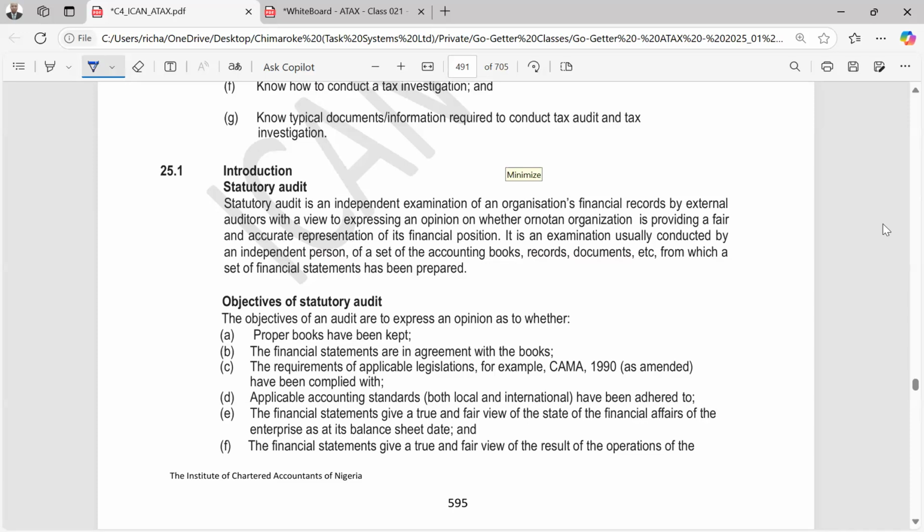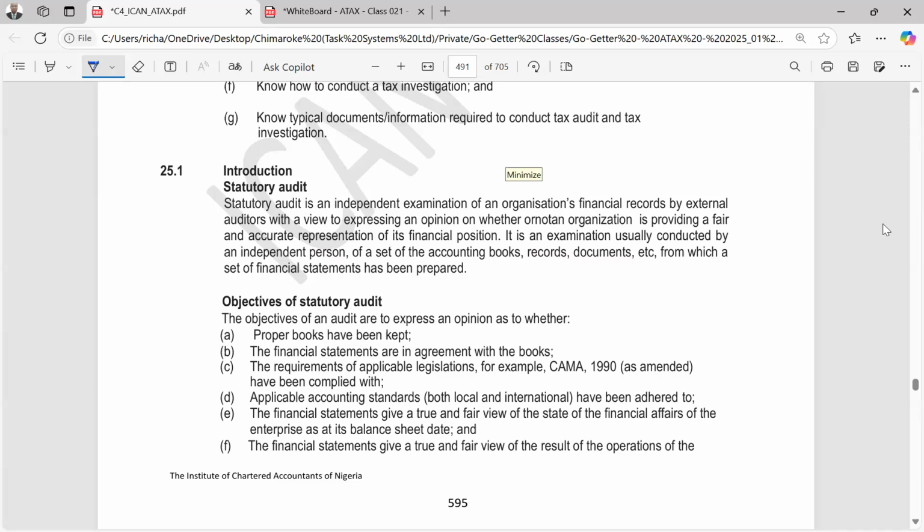Now, the thing is, this examination is usually conducted by an independent person known as an external auditor. So this external auditor is not a worker in the organization.